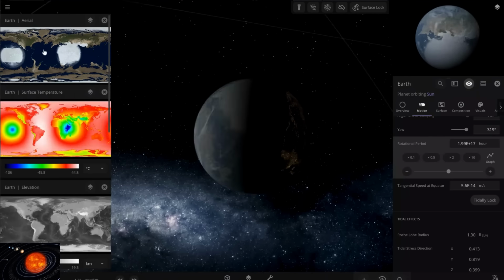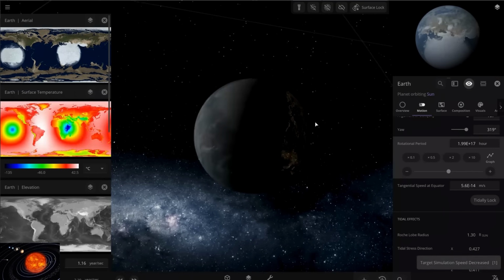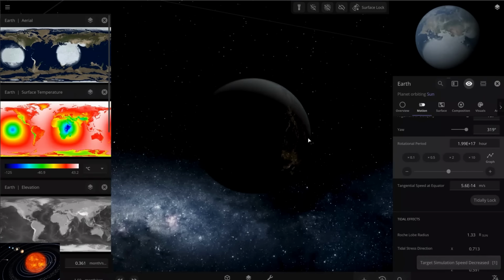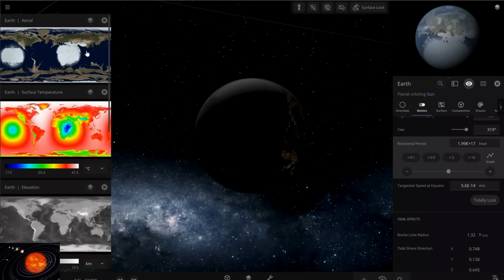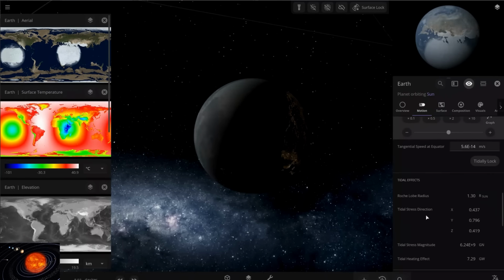It's some sort of scenario like tidally locked. If you tidally lock a planet, it would be locked something like this. Half of the planet would be melted and half of the planet would be frozen. So it can behave something like that.